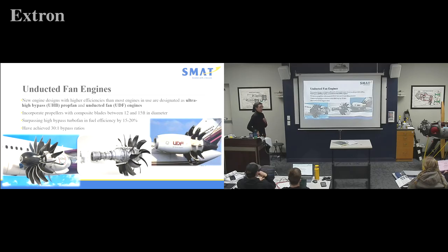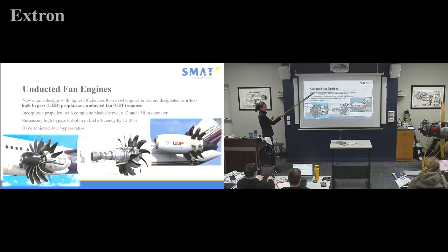The idea is it would have a much higher efficiency than just a turbofan, but it would be considered an ultra high bypass fan because you have all this air going through the fan, bypassing the core. It's also called an unducted fan because it does not have any kind of cowling around it.